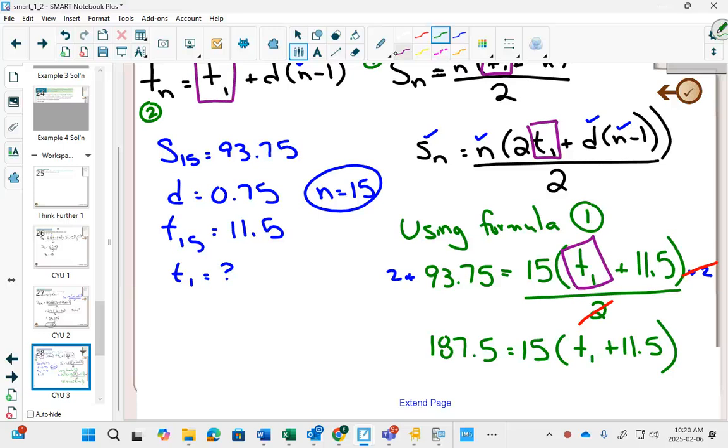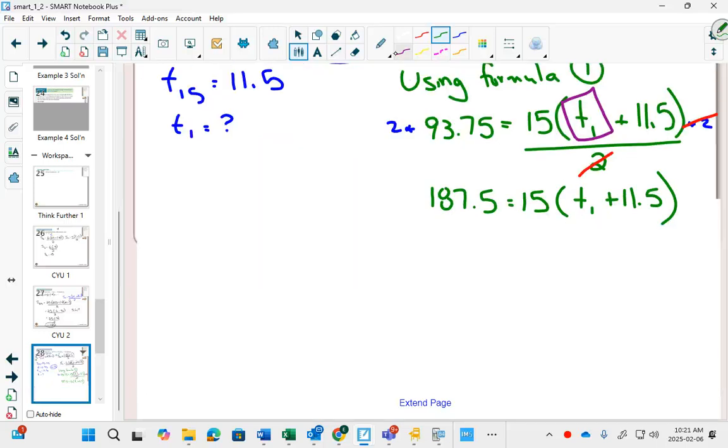I'm going to divide both sides by 15, and then I would get 12.5. The 15 would go away, then I'm just left with term 1 plus 11.5. Subtract 11.5 on both sides, and I would get term 1 is 1. Perfect.